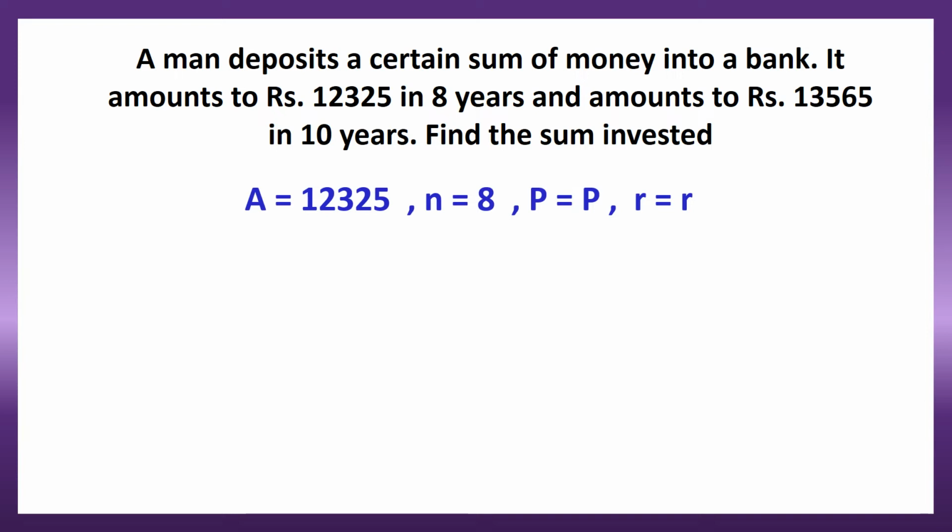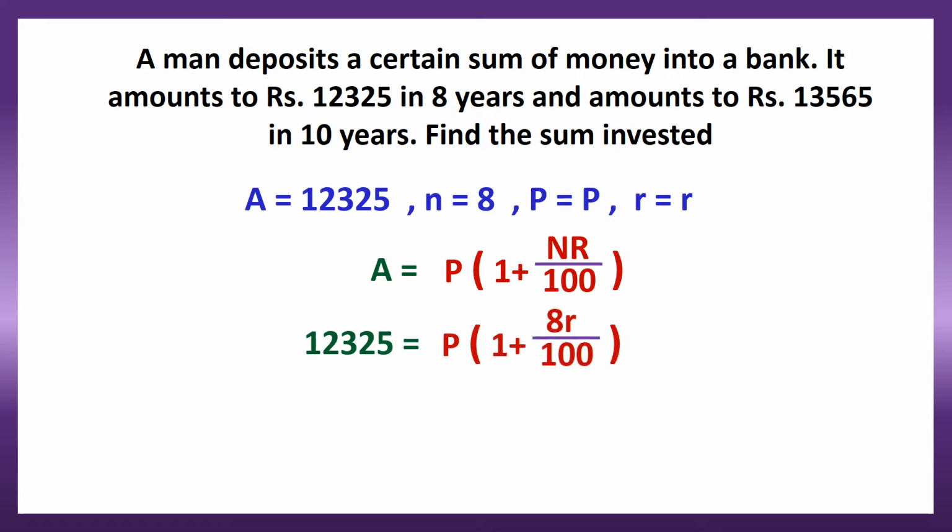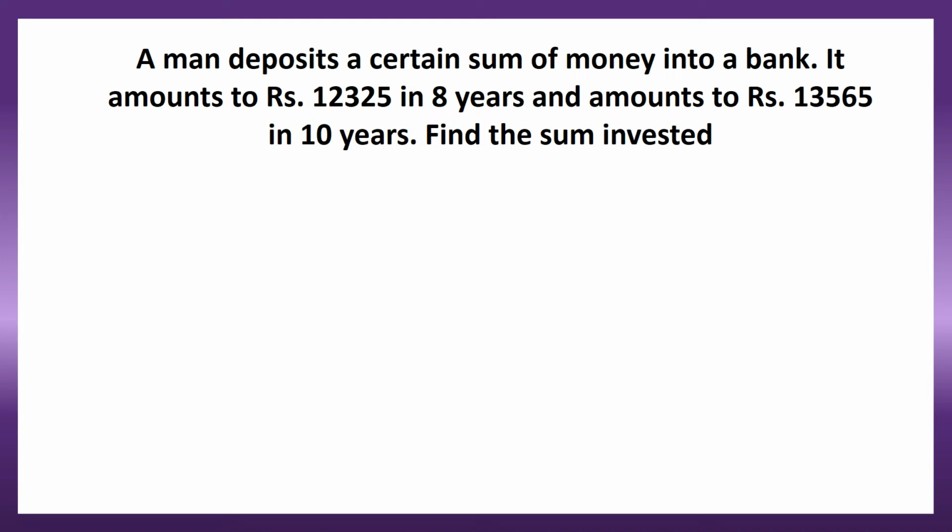Thus, let us apply the formula to find the amount: P into 1 plus NR by 100. 12,325 is equal to P into 1 plus 8R divided by 100. That is one equation. Now, coming to the second case, the principal amount becomes 13,565 in 10 years.